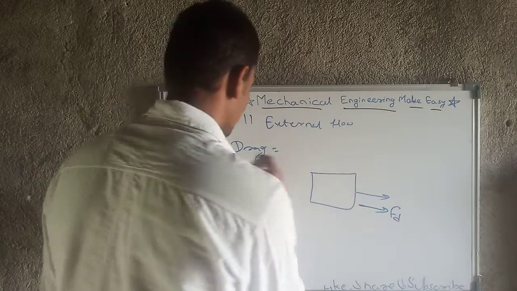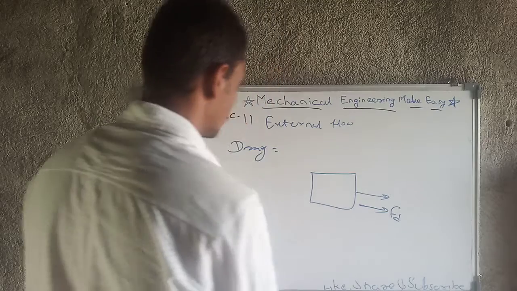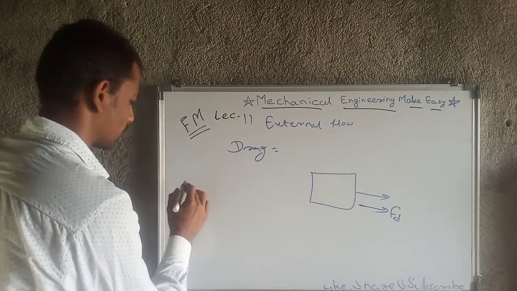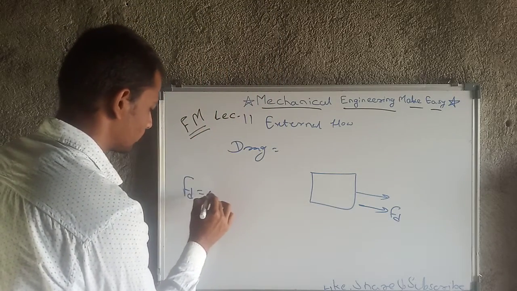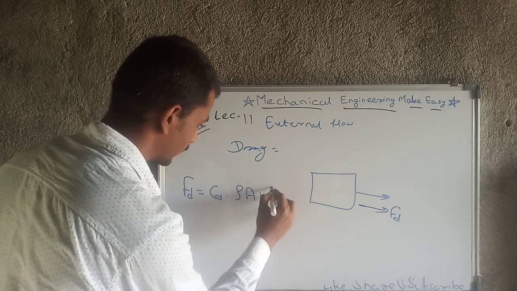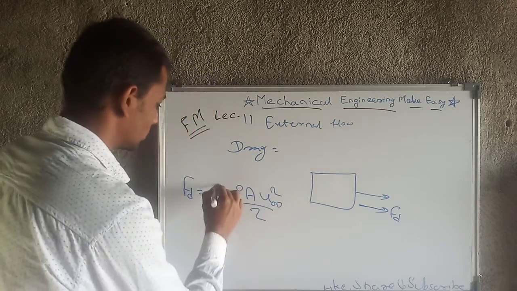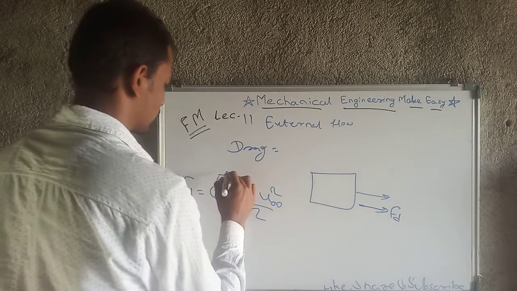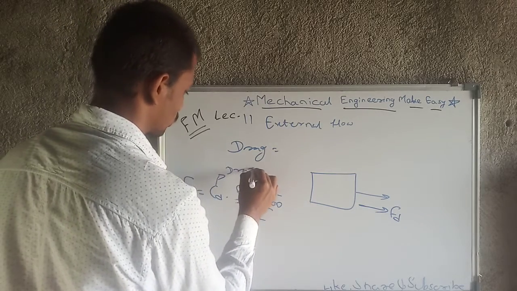In that case the drag force is there. And the formula for drag force is Fd equal to Cd into rho A u infinity square by 2. This is the coefficient of drag or drag coefficient.